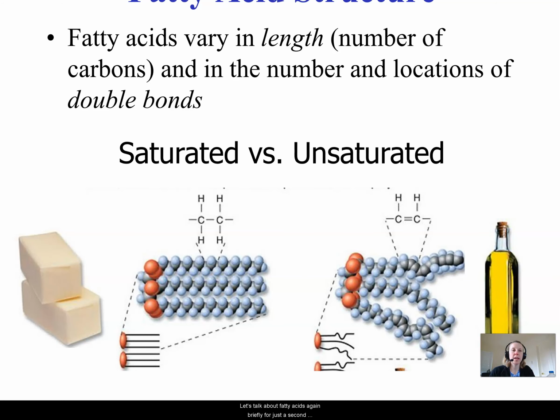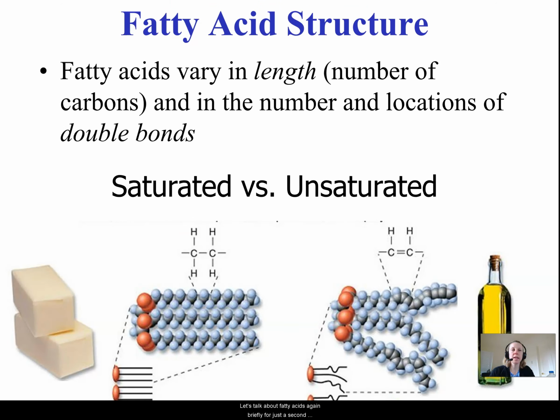So let's talk about fatty acids again briefly. Fatty acids can vary in the length or number of carbons that they have, and also the number and locations of any double bonds. So saturated fats are built like this, three fatty acids attached to a glycerol molecule, and all of the bonds along the entire length of the fat are single carbon bonds.